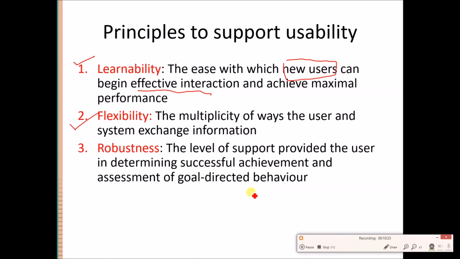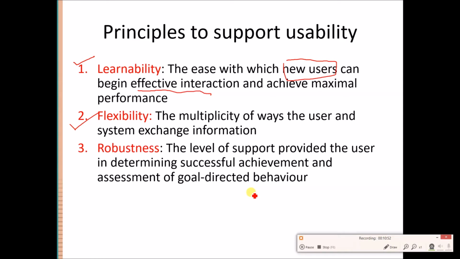Whatever the user intends to achieve, whether they are using a word processor or a GPS, the system provides good support so the user can achieve the goal. For example, in a GPS, the objective is that the user can reach the destination easily, and the GPS system provides the right kind of guidelines and instructions. So we are going to say this is a robust system.